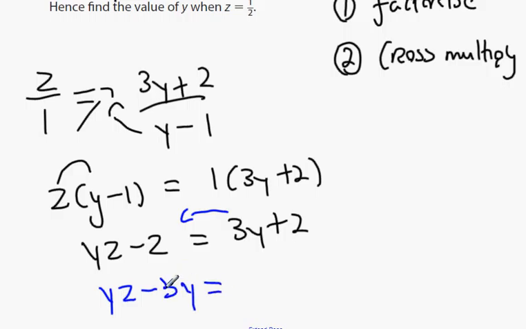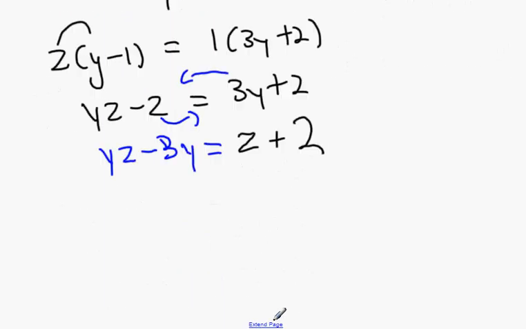equals, now where does the z go? That's a z and not a 2. Z goes over the other side. Yes. Z plus 2. Okay, so they look completely different now. What can you do with the y's this time? Factorize them, right?